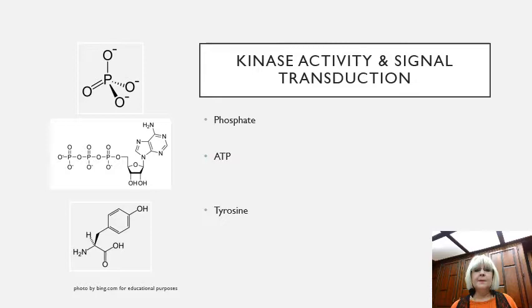The opposite, an enzyme that removes a phosphate group from a target, is known as a phosphatase. So kinase enzymes that specifically phosphorylate tyrosine amino acids are termed tyrosine kinases.